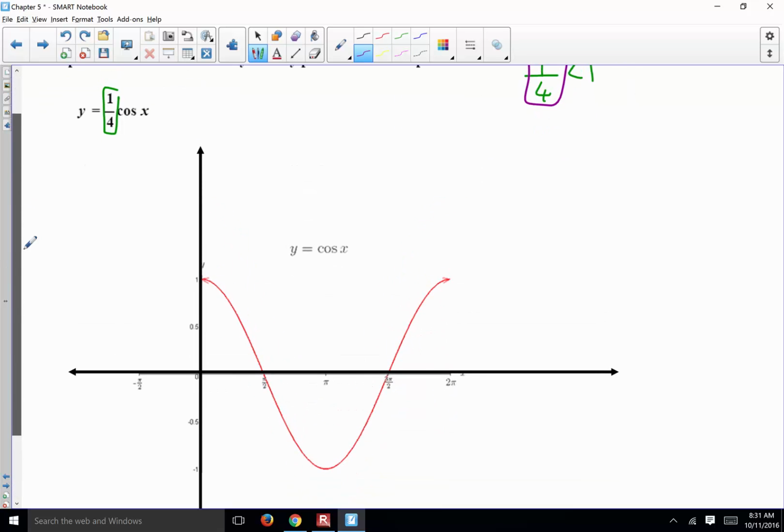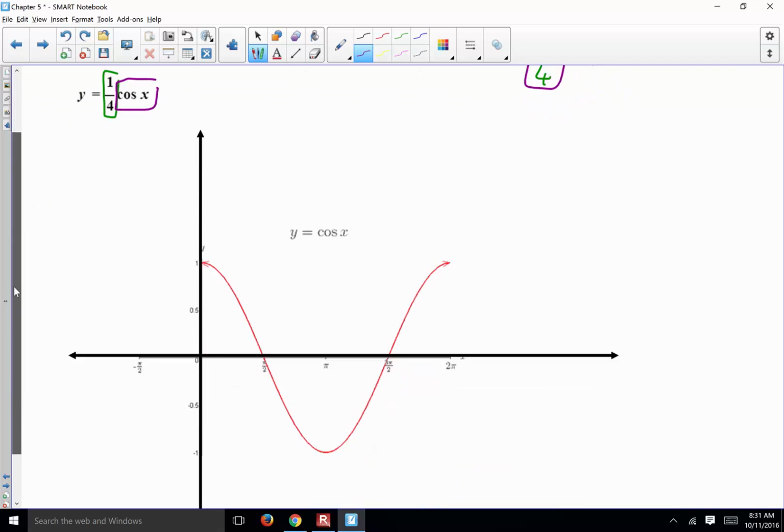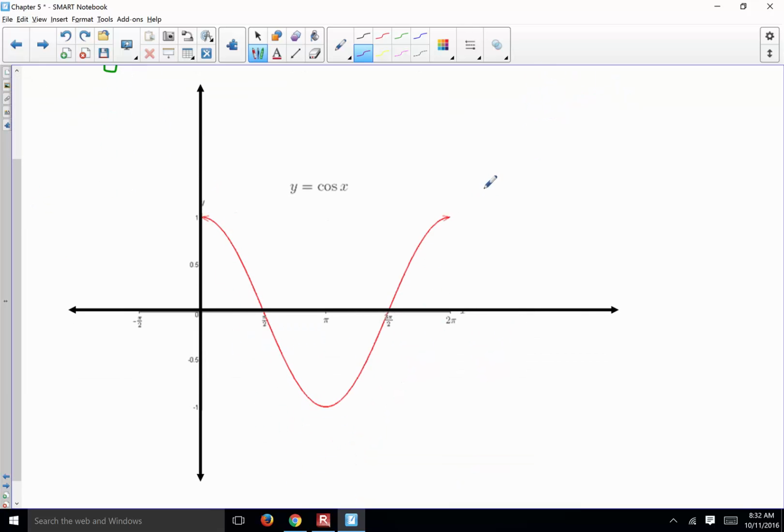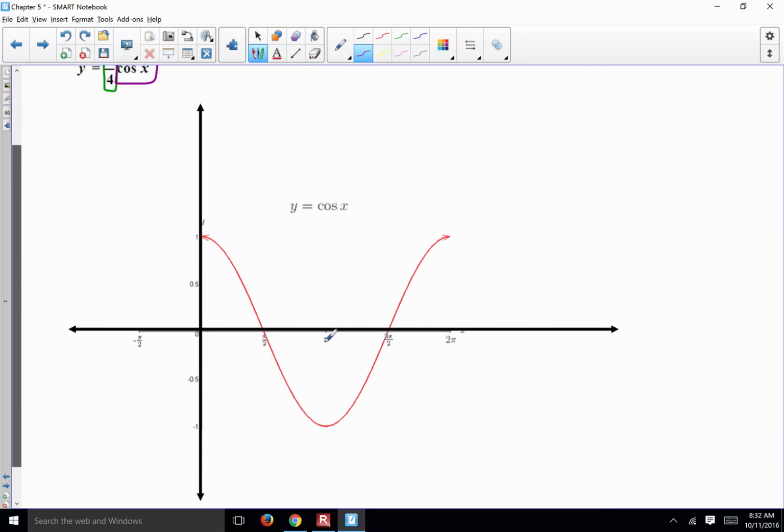How much? You just multiply the amplitude. And by the way, this is for cosine. The graph changed as well, so you need to start with a period of cosine. This is one period of cosine. And shrink it 4 times. The original amplitude is 1, and we'll change it to 1 over 4.